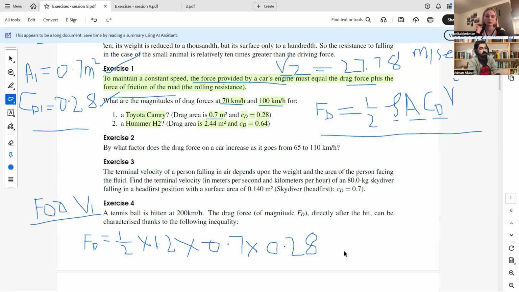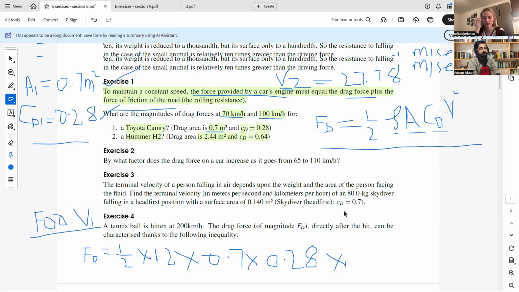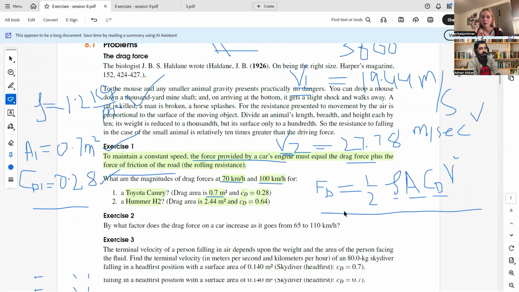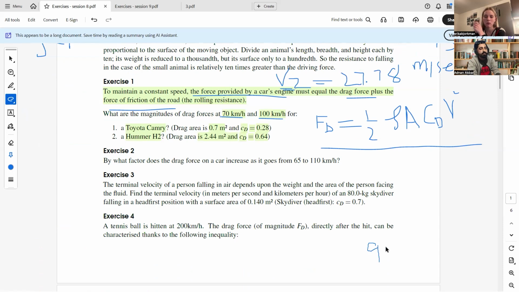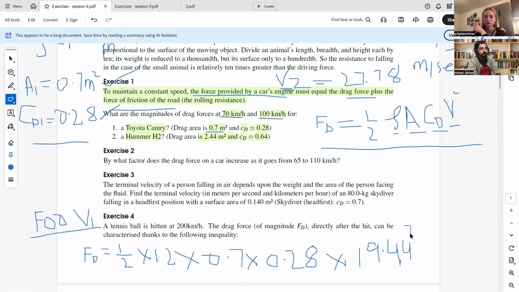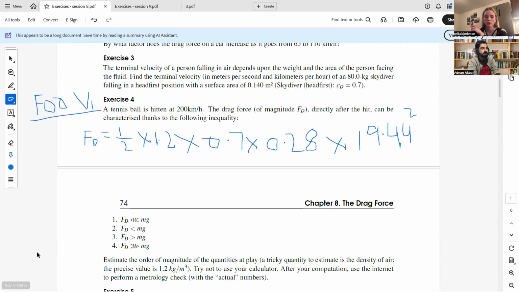Okay, so let's write the velocity V1, that is given here, 19.44. As the velocity is squared, we need to write 19.44 squared. Its final result is 44.44 Newton.